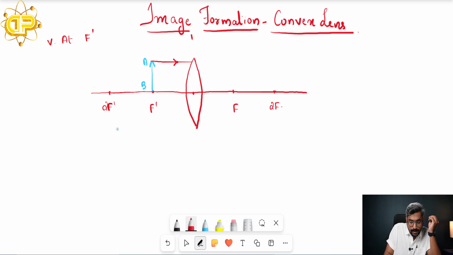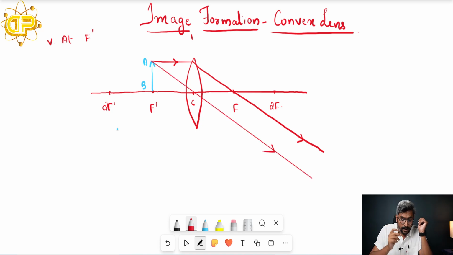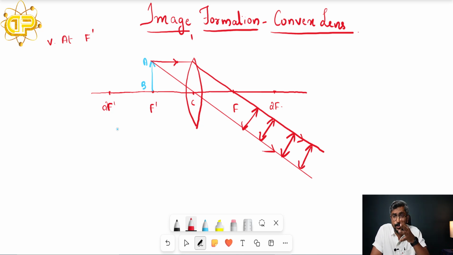You can see after refraction, it passes through the focus F. And the next ray is passing through the optical center. Here, if you are observing, the distance between these two refracted rays is the same. Same means they are parallel to each other.